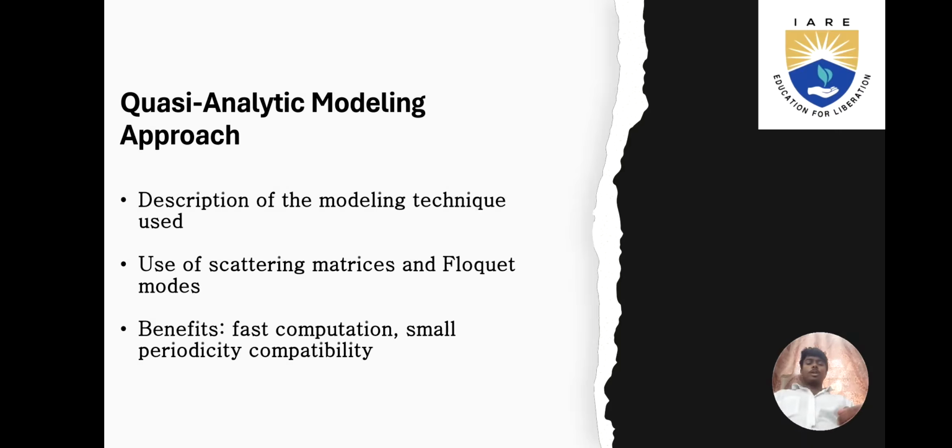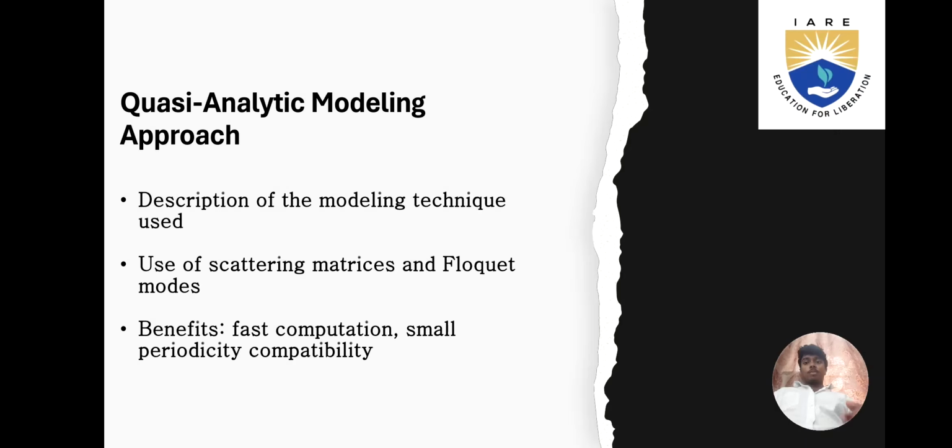For example, in modeling mode 2D photonic crystals or quasi-periodic multilayer structures, a quasi-analytic approach may analytically describe the periodic layering or symmetry properties and then numerically resolve details like defect states or interface discontinuities.